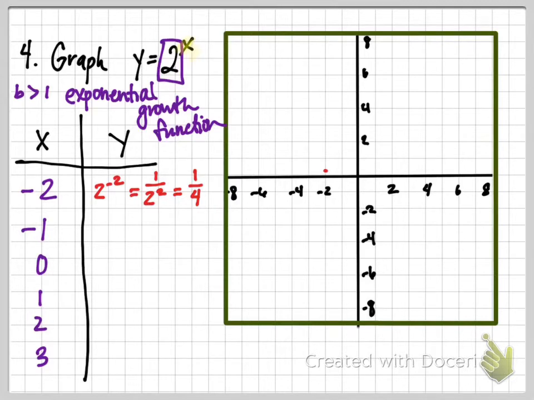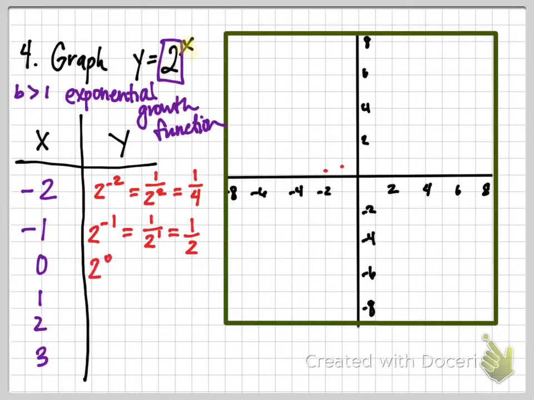If I plug in -1, I get 2 to the -1. In that case, it would be 1/2 to the first power, because you bring it to the denominator, it becomes positive, which would be 1/2. So I'm going to plot the point -1, 1/2. It's getting a little bigger.